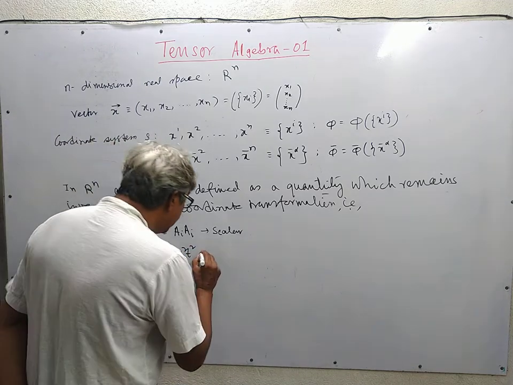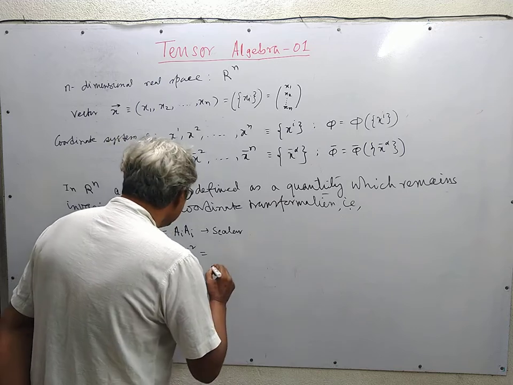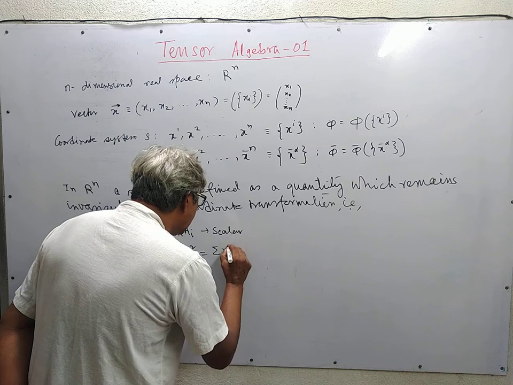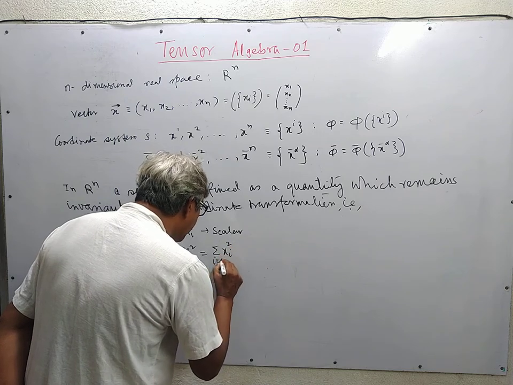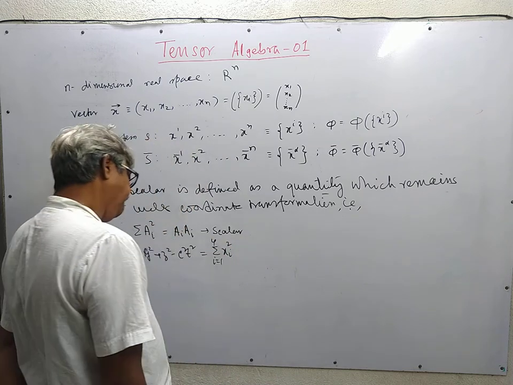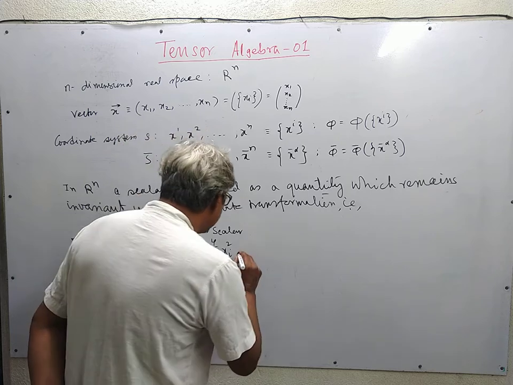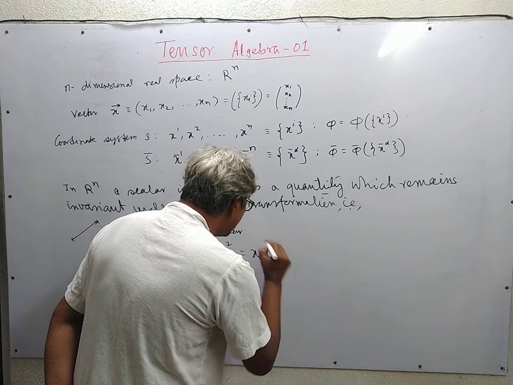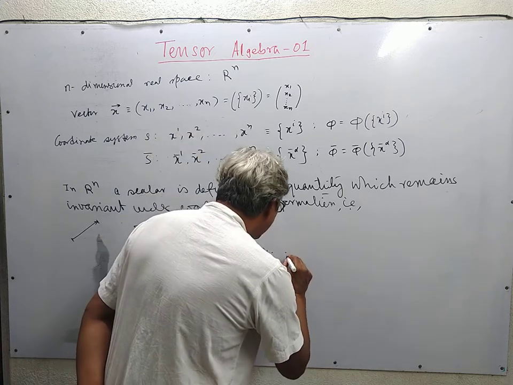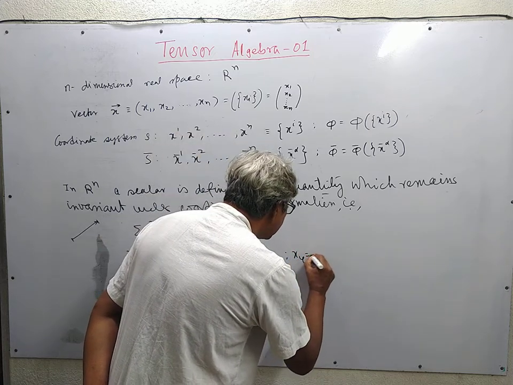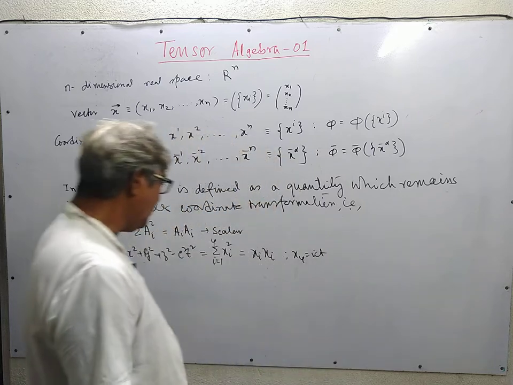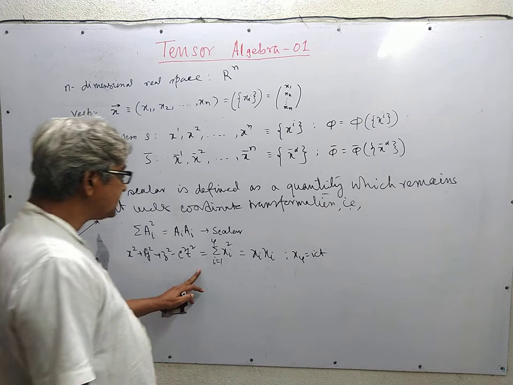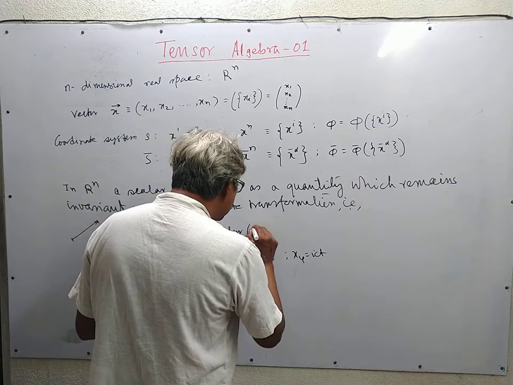So we write it as the summation over x_i squared, i ranging from 1 to 4, and in Einstein's notation it is this, where x4 is ict. So it is also a scalar. So this is a 3-scalar.